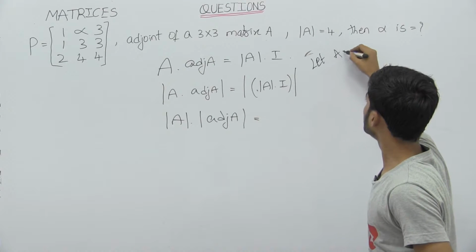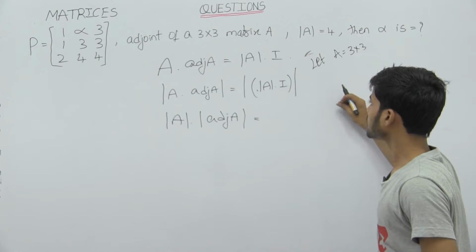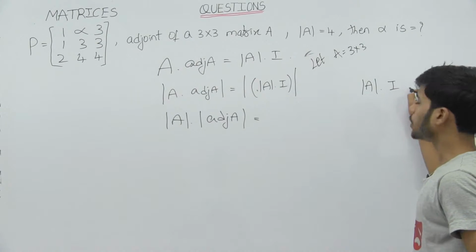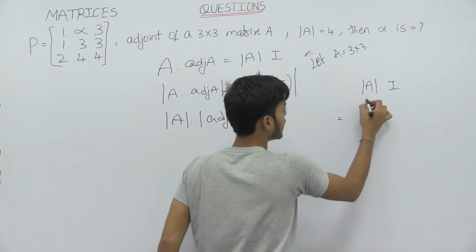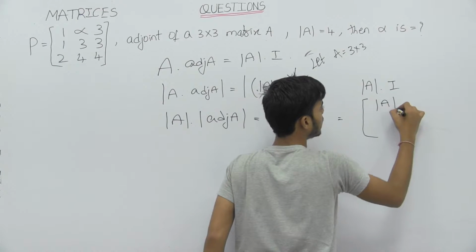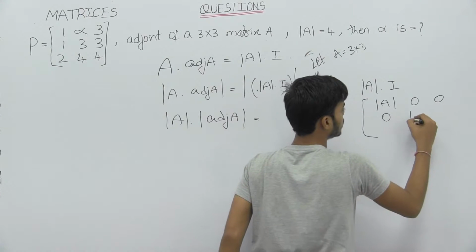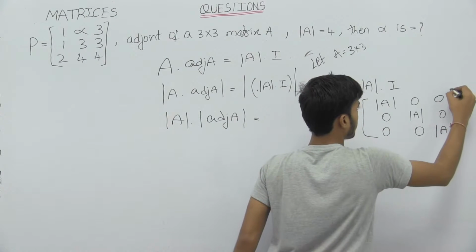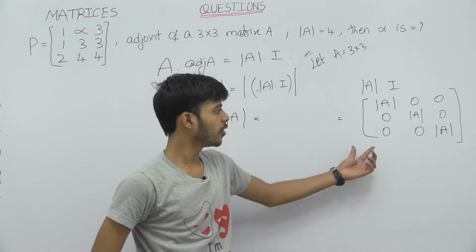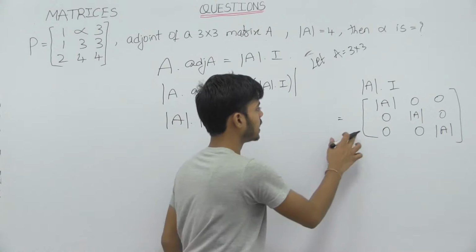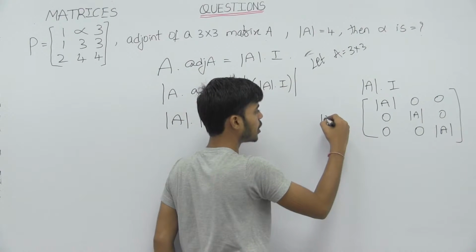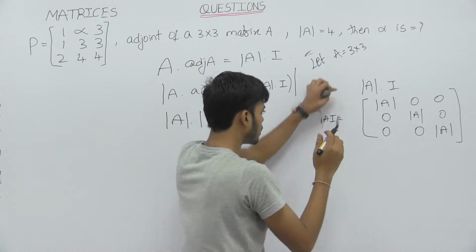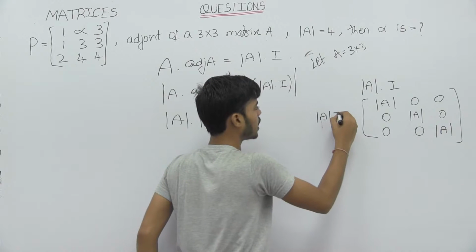Then determinant of A into identity matrix can be written as the matrix [det A 0 0; 0 det A 0; 0 0 det A]. This is a matrix which is determinant of A into I.